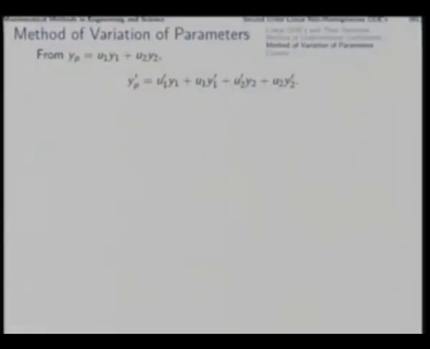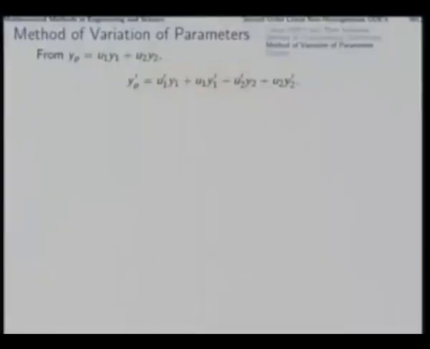With y1 and y2 there is no difficulty because they are known functions, but when u1 and u2 involve their second derivatives, the resulting differential equation will be a second order differential equation. The additional condition that we need, we can choose in a particular manner which will obviate that second order.